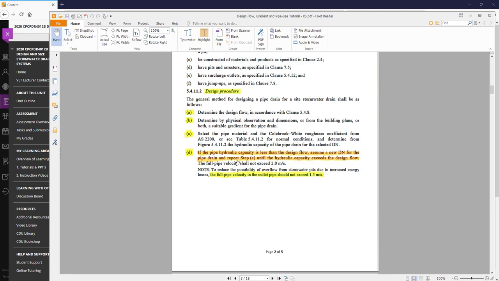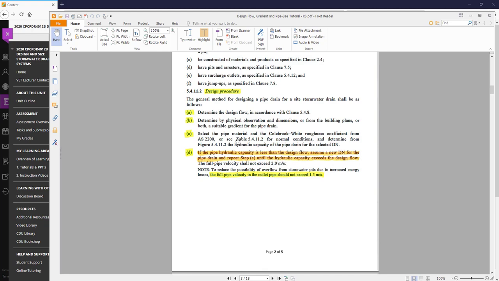design flow. Now if we look at this, it says if the hydraulic capacity is less than the design flow, assume the next DN pipe size, then repeat the step. I'll go through that with you, but it says here until the hydraulic capacity exceeds the design flow. Well, the full pipe velocity shall not exceed 2 meters per second.